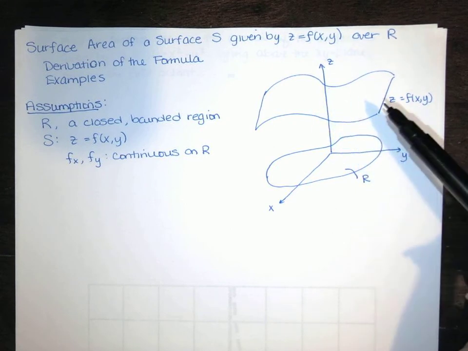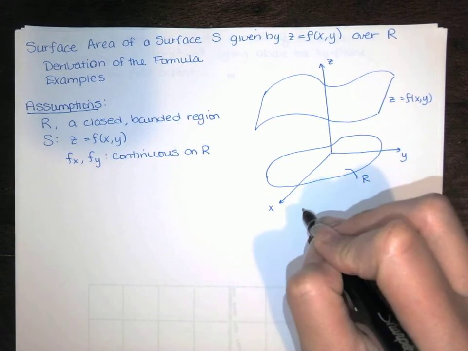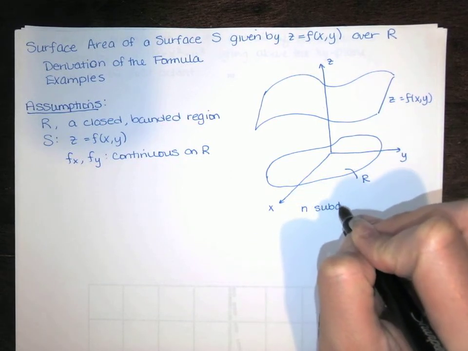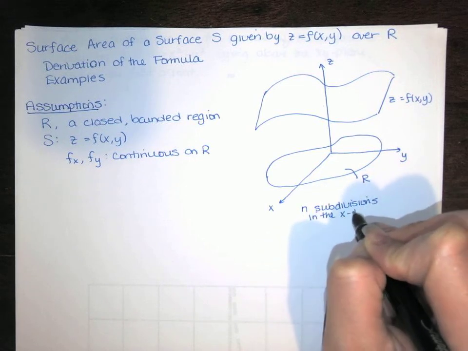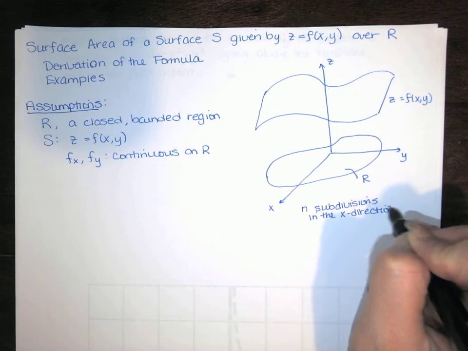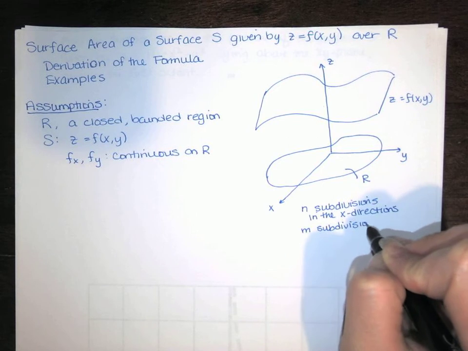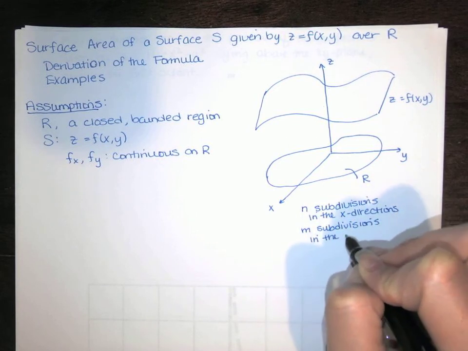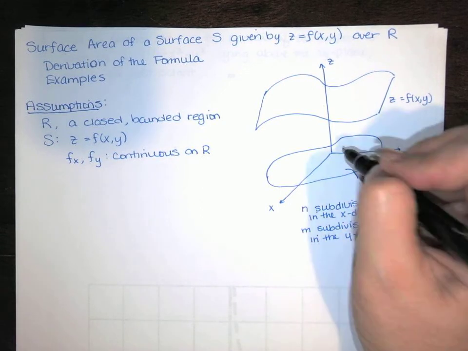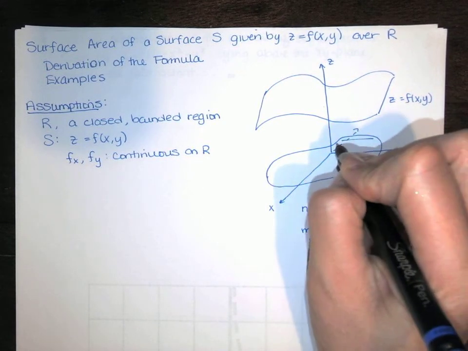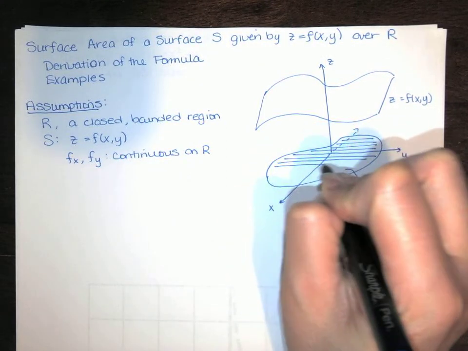Well, the way we can do that is we can take this region R and we can make n subdivisions in the x direction. And we can create m subdivisions in the y direction. And that basically gives us a grid over the region R. So these are my subdivisions in the x direction.